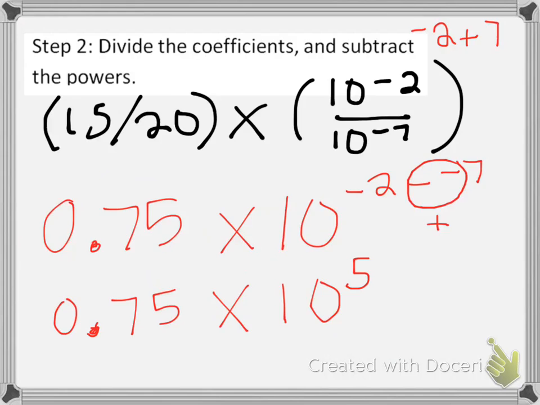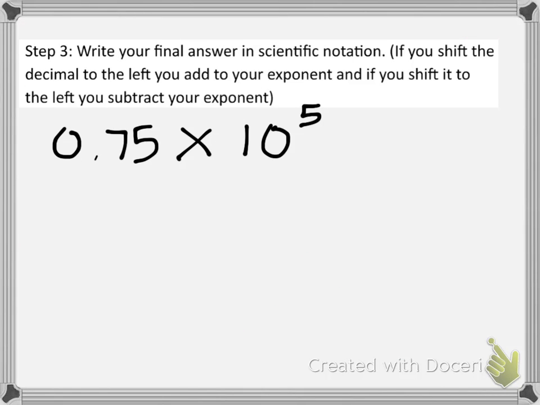Let's go to step 3. Step 3 says write your final answer in scientific notation. If you shift the decimal to the left, you add to your exponent. And if you shift it to the right, you subtract from the exponent. So again, we want this number here, because that's what's preventing it from being scientific notation, to be greater than 1 but less than 10.